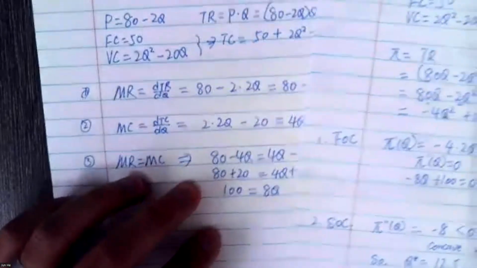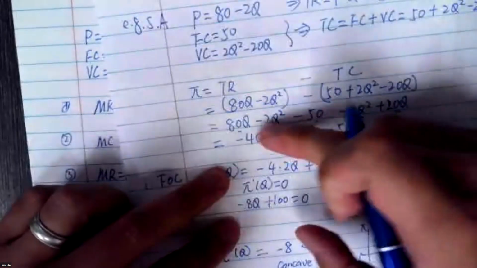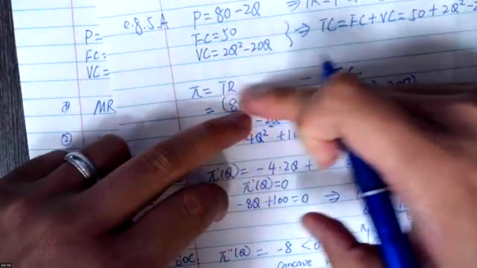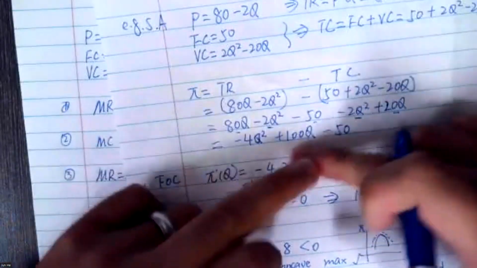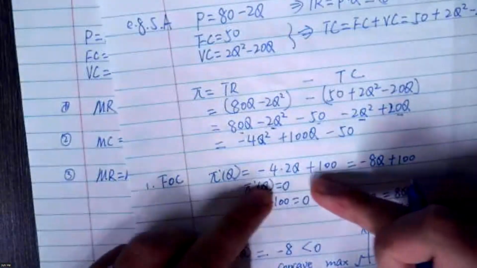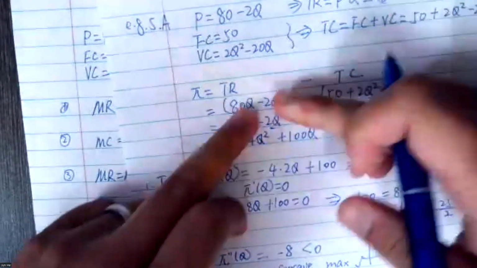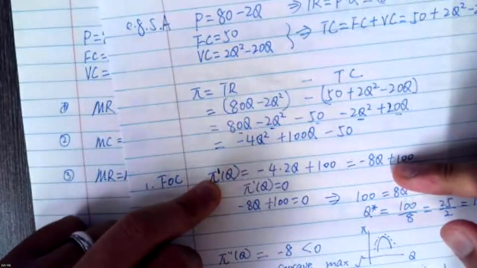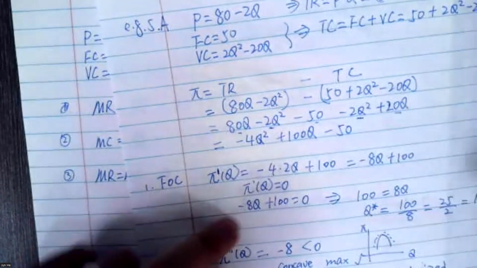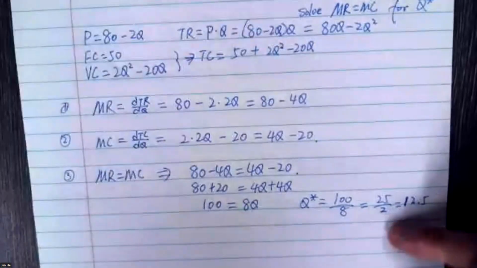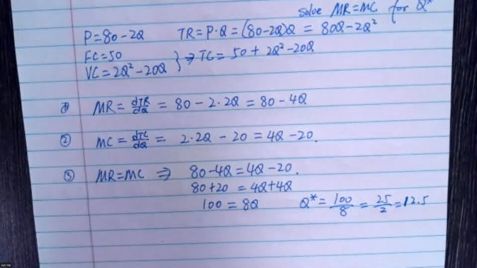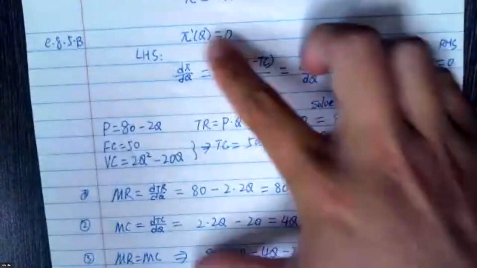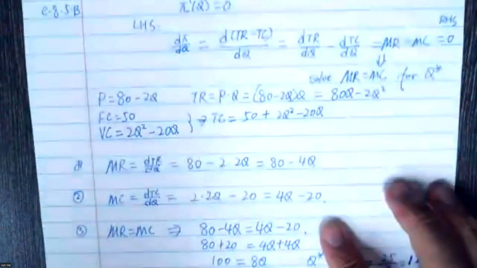The only difference is that we are just breaking down this long one into two parts, the total revenue one and the total cost one, and we take the derivative of each and equalize them, which is essentially the same as deriving the derivative of this long one and setting that equal to 0 to solve for Q star, which yields exactly the same result. So this is how we solve for profit maximization with marginal values.